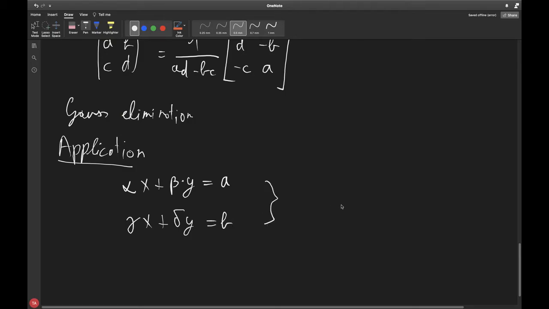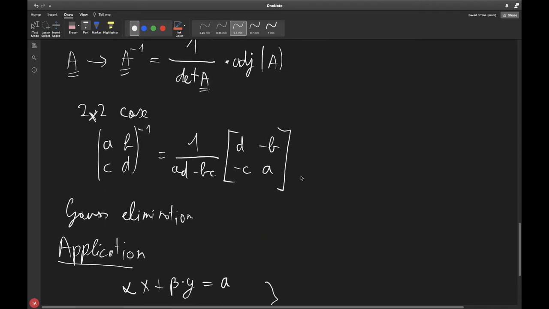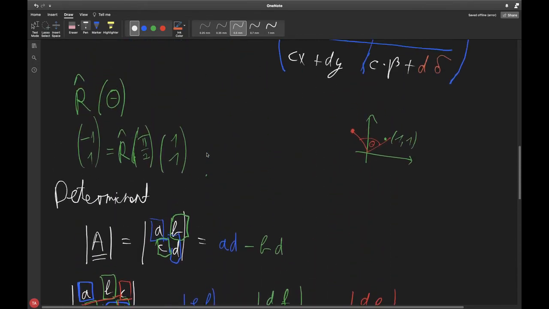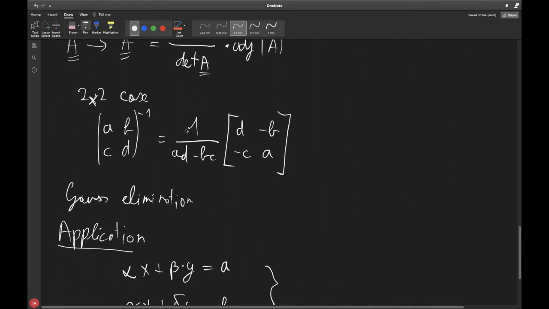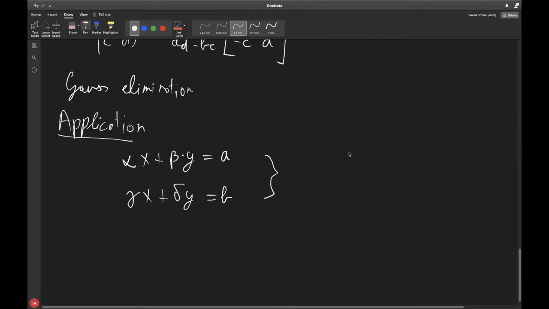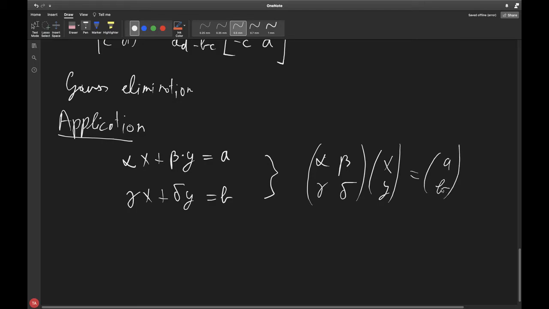This could be rewritten based on what we wrote here. You see, this is a matrix of alpha, beta, gamma, delta applied to the x, y vector, and we get the a, b vector out of it.